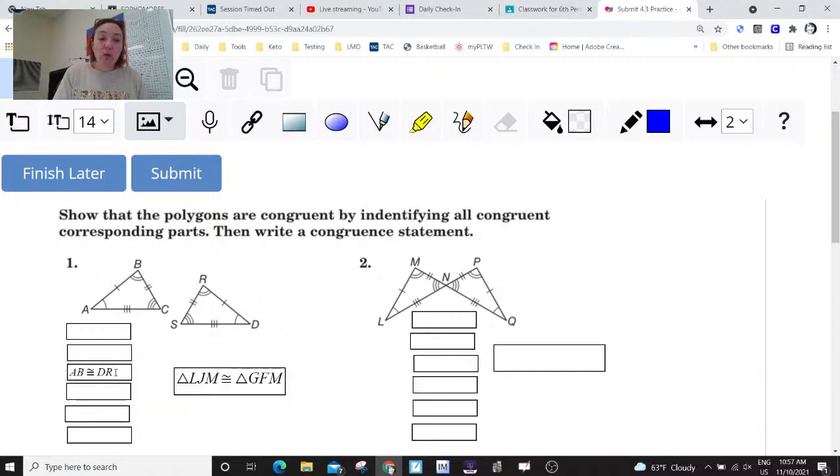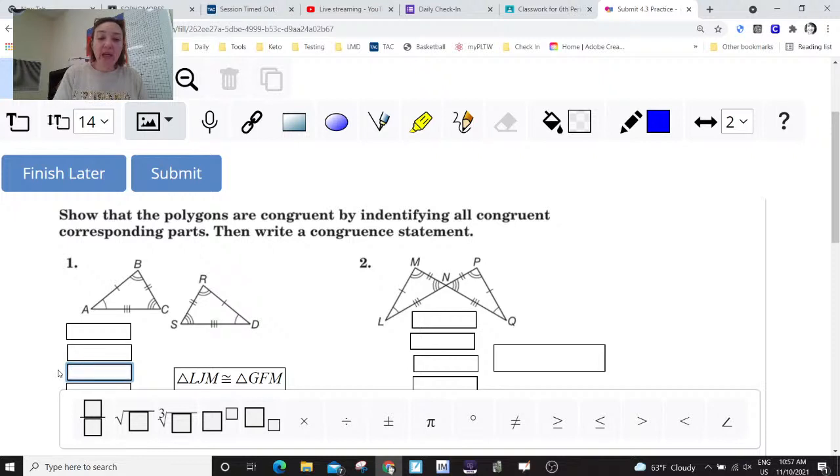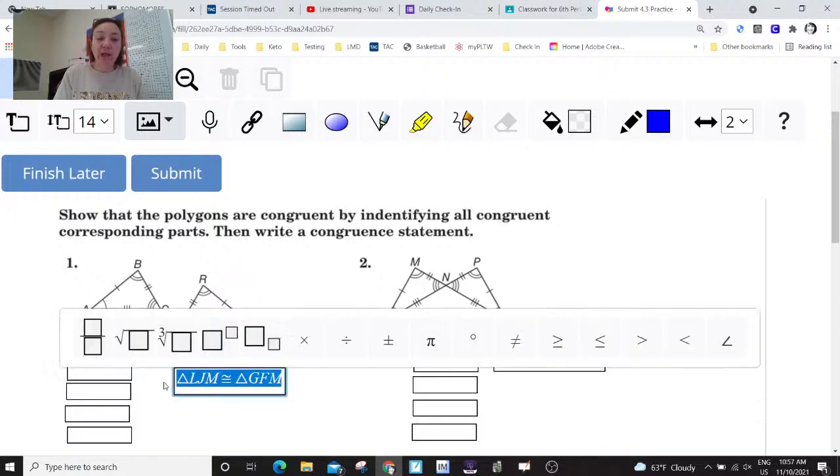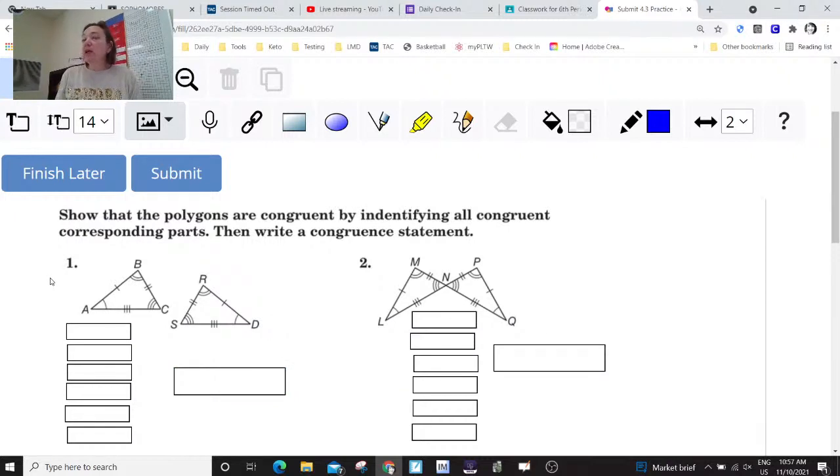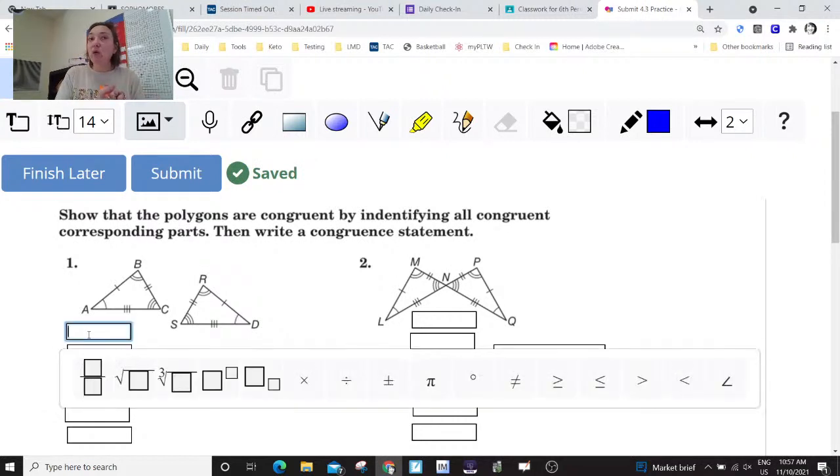Okay, so on 1 and 2, same way that we were doing on our skills practice side, you have to list all the congruent parts and then you have to make a congruent statement. Okay? Now, when you're typing angles in, you have to use the angle symbol, and it's right over here at the end. So we're going to type the angle symbol.